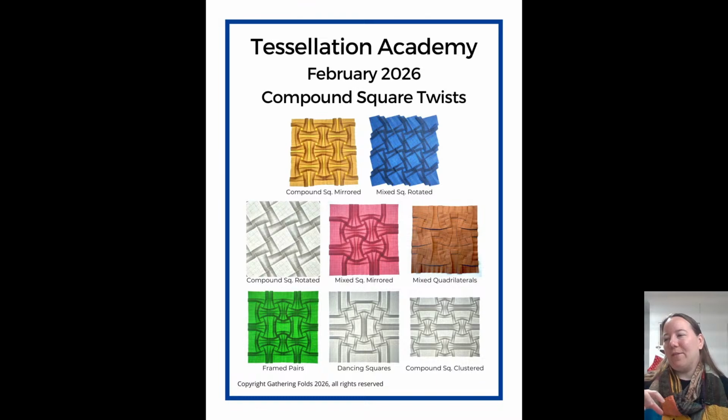And then another way of doing it is folding the center and the outside, and then moving on to the next one and folding the center and the outside and treating it as more like one twist. And different patterns will allow for different options with that.